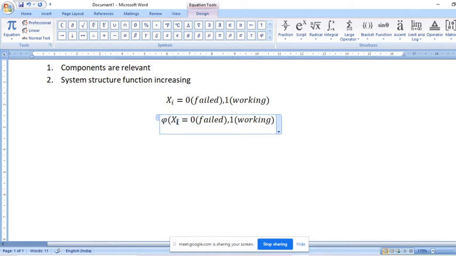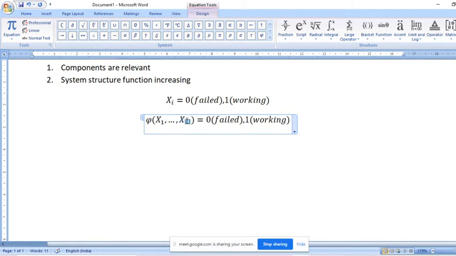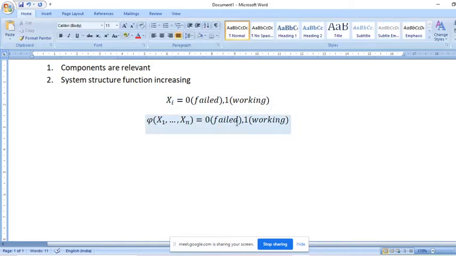Phi of x1, comma, etc., comma, xn. The system structure is a function of component states. The system is also having two states, that is either failed or working state.